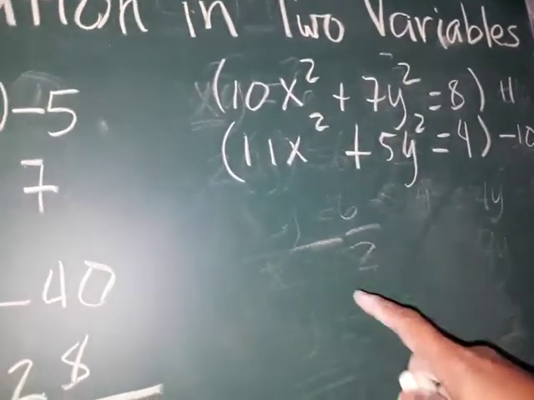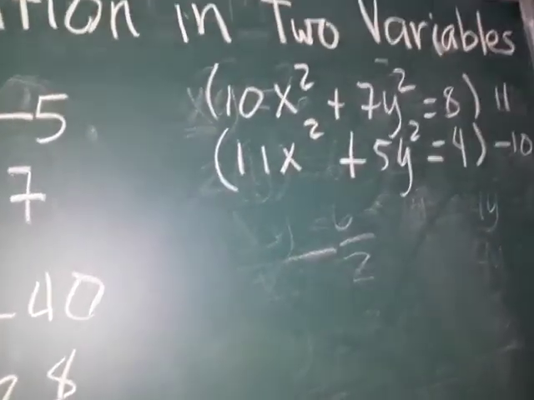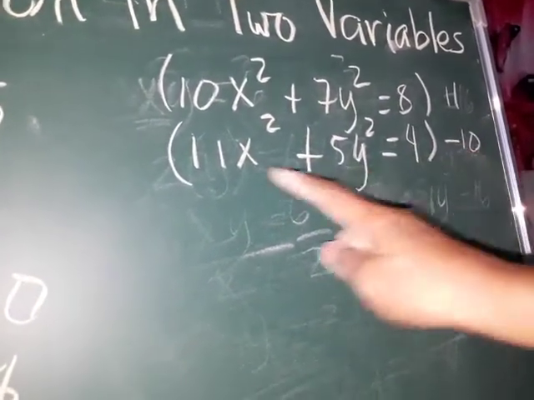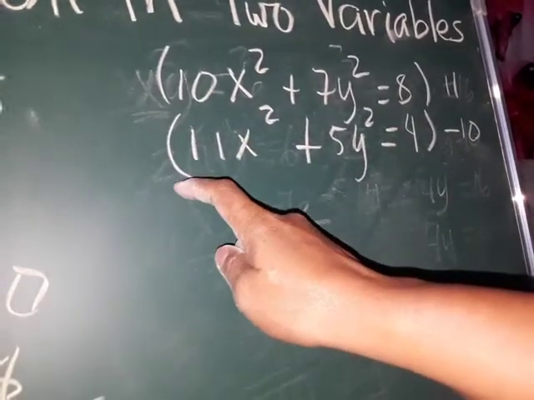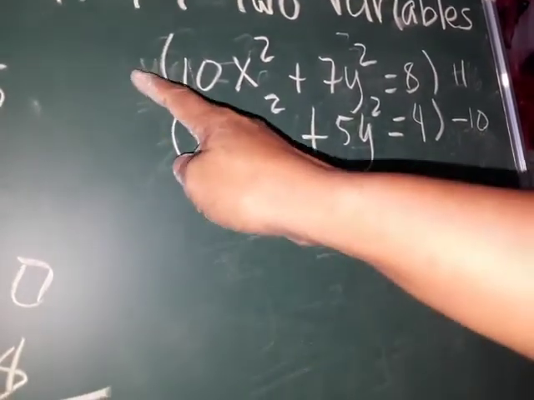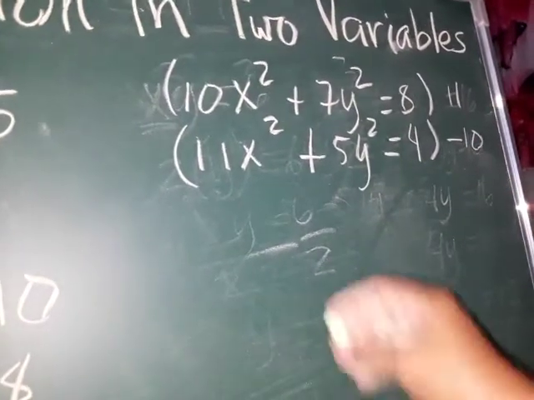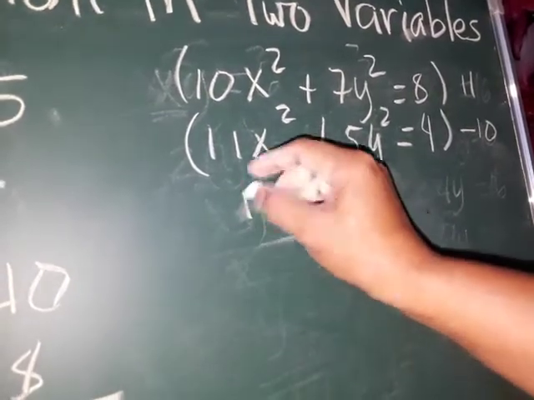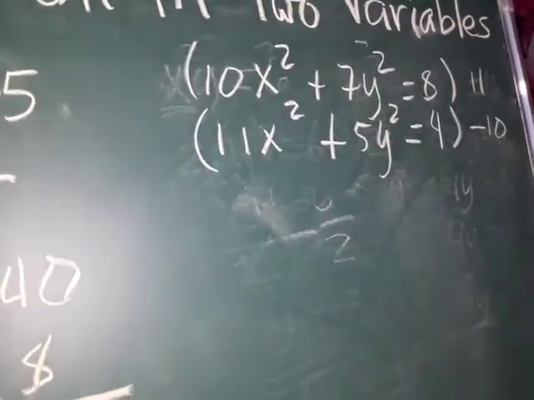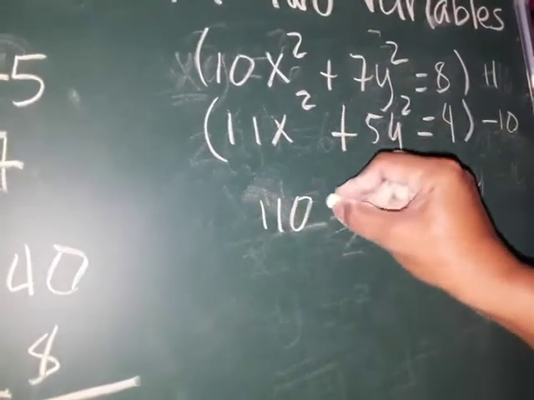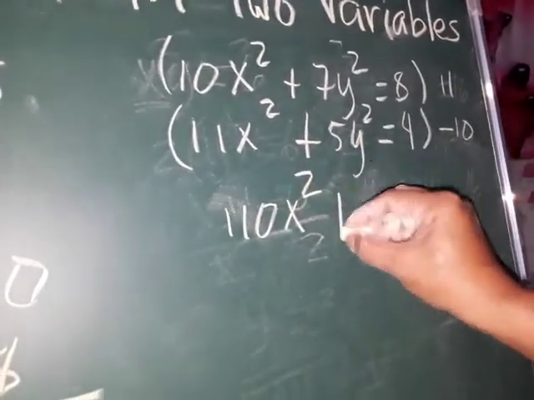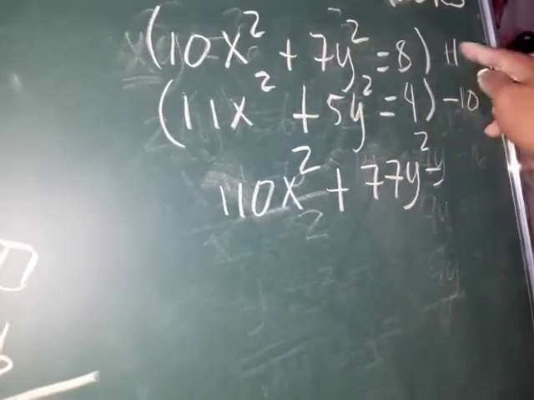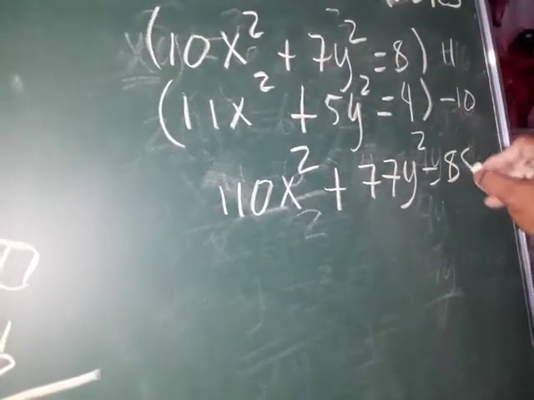The same way, we're going to eliminate x, so we multiply 10 to the second equation and 11 to the first equation. So 11 times 10x squared, we have 110x squared plus 77y squared is equal to 88.